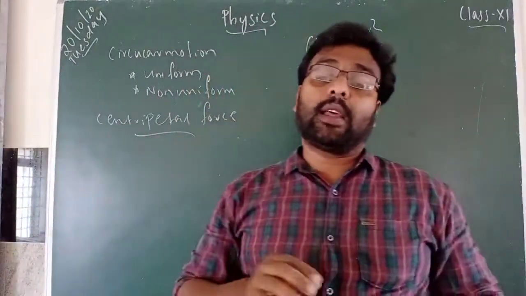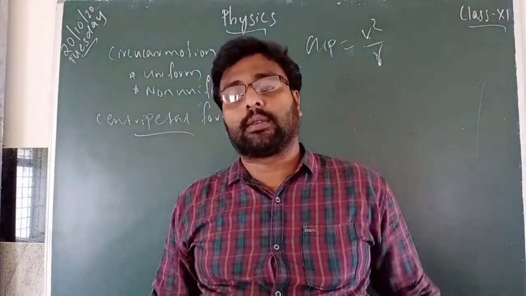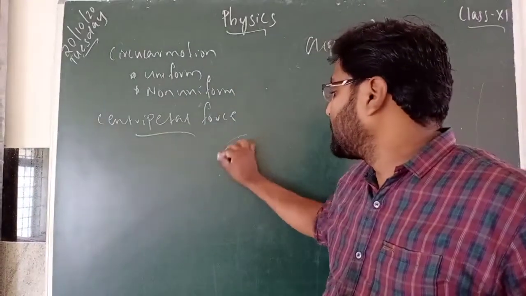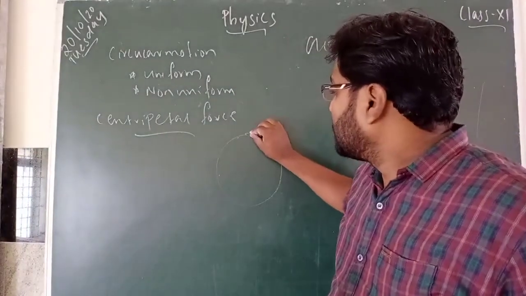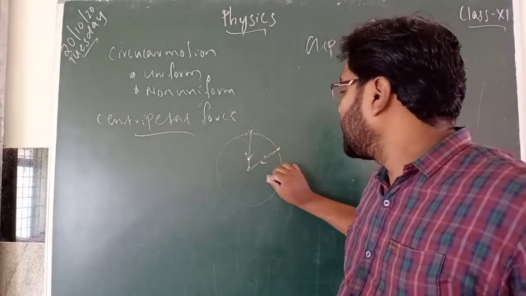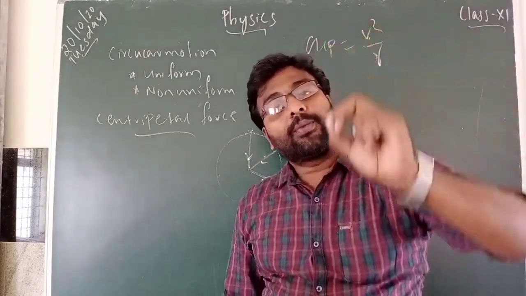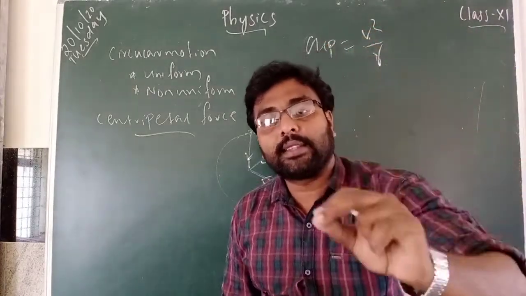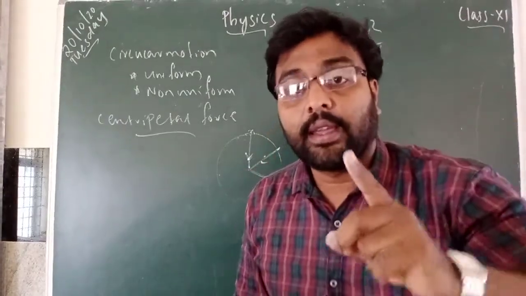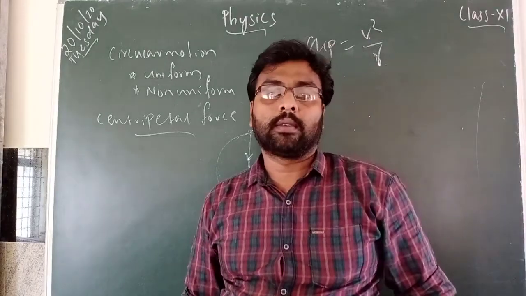So for centripetal acceleration, there must be some force acting on it. Any object which is moving in circular motion has an inward acceleration. So if there is a centripetal acceleration during circular motion, there must be some force acting on it.